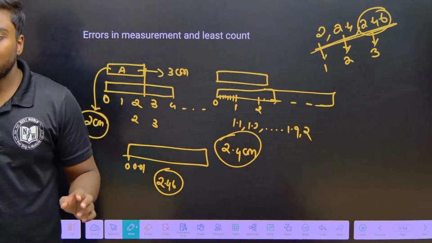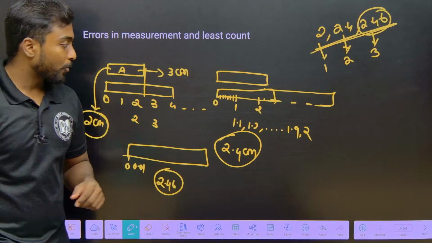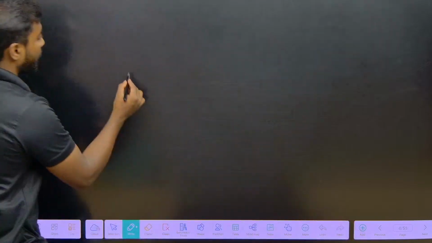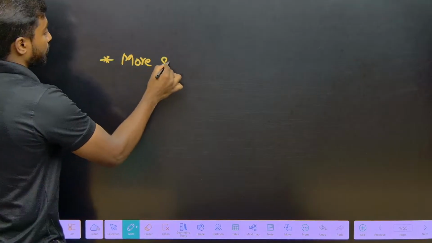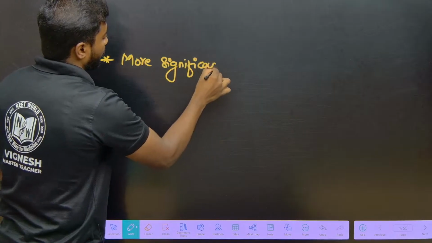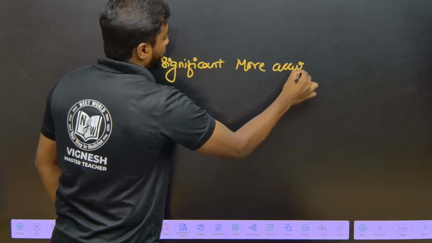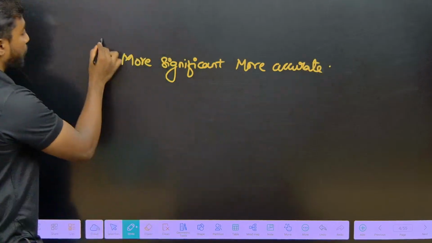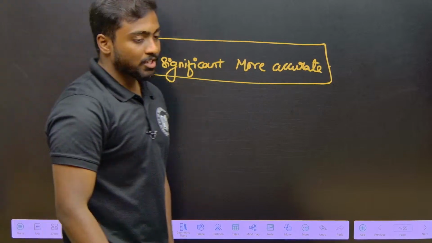An instrument which gives more significant figures is more accurate. More significant figures, more accurate. This is the point we come across in measurements and errors.